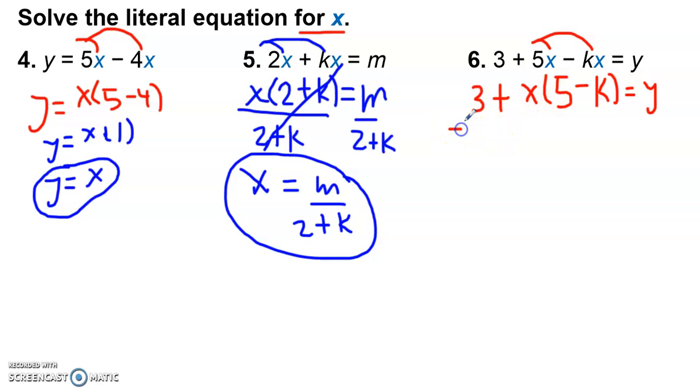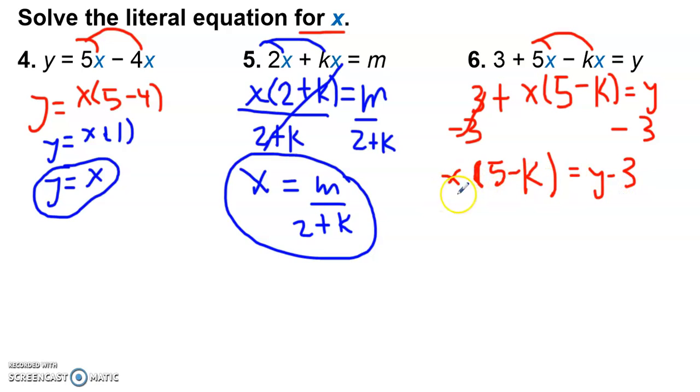So we need to get rid of our pluses and minuses first. So we're going to subtract 3 on both sides. That leaves x times 5 minus k equals y minus 3. And these are timesing, so now we divide.